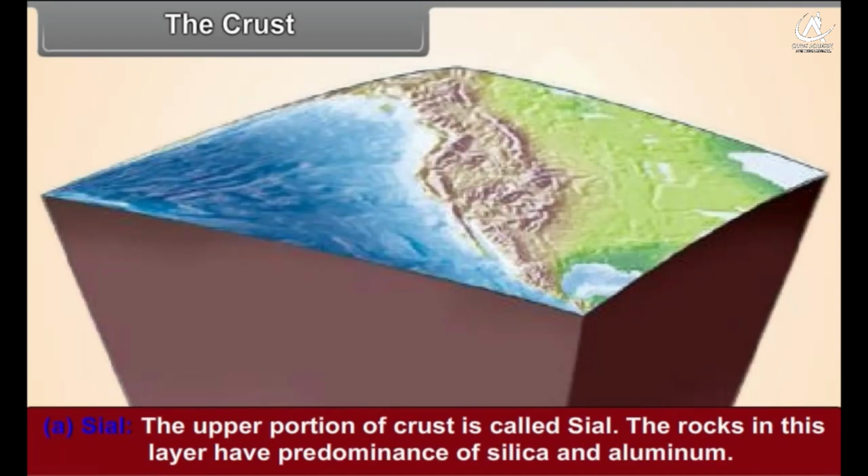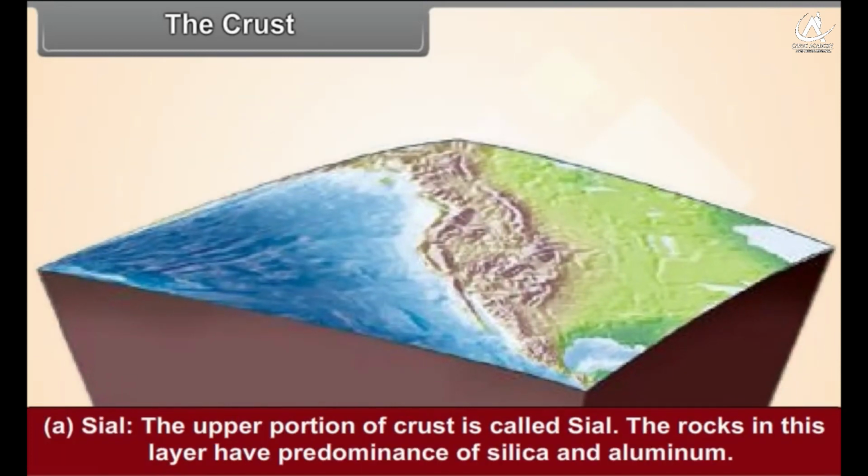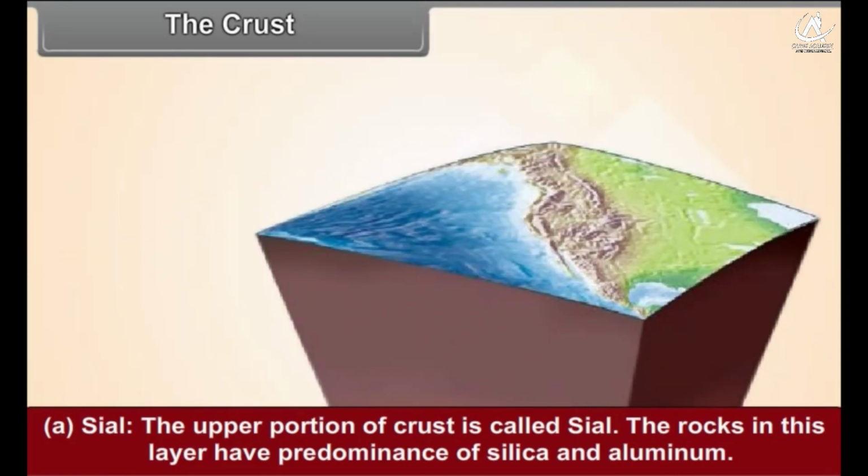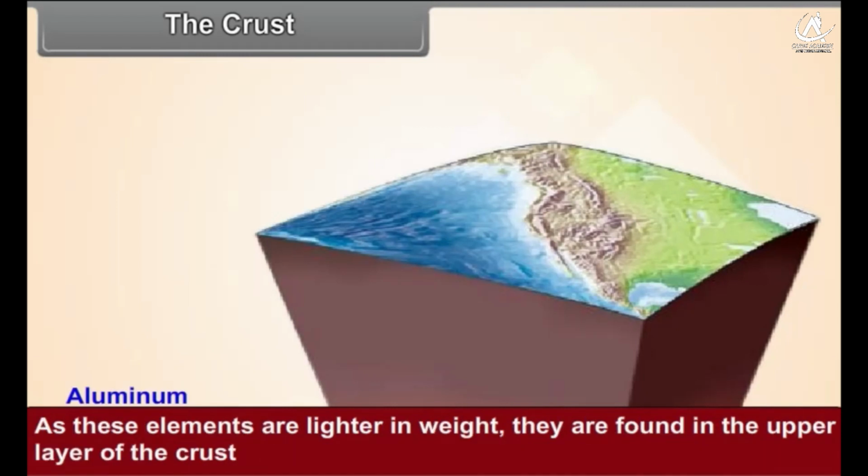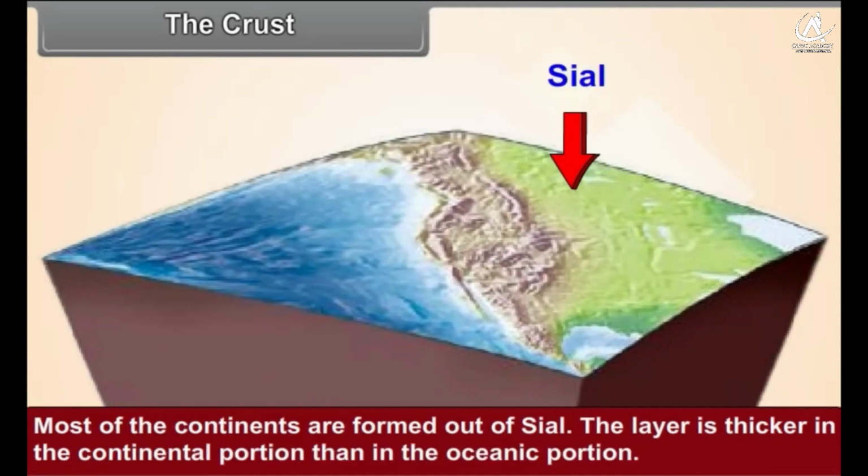Sial. The upper portion of the crust is called sial. The rocks in this layer have a predominance of silica and aluminium. As these elements are lighter in weight, they are found in the upper layer of the crust. Most of the continents are formed out of sial.